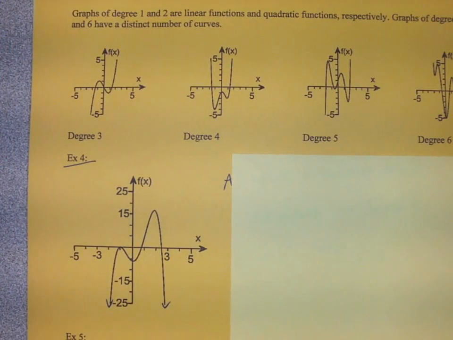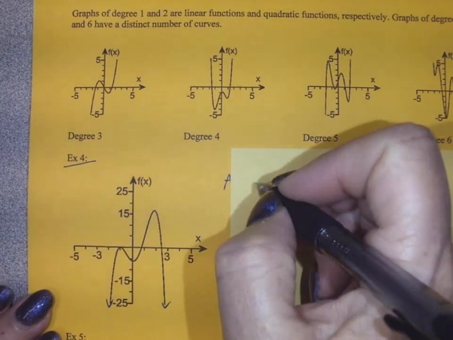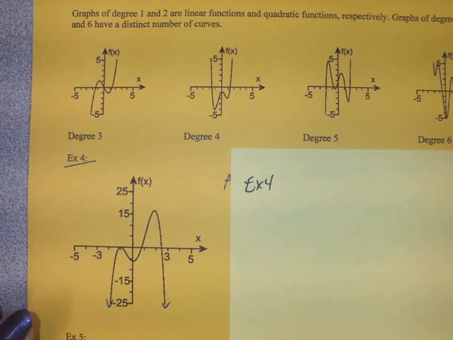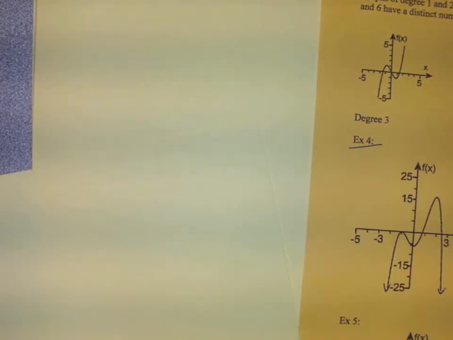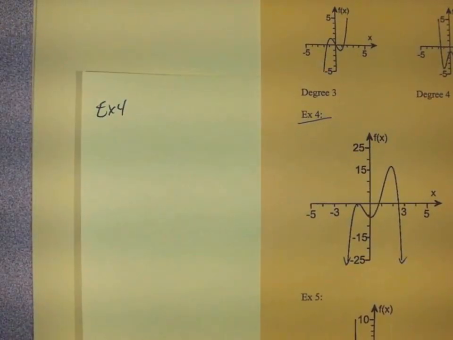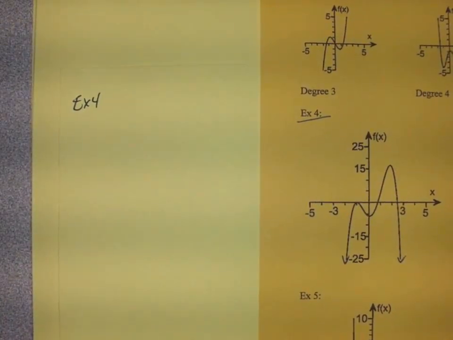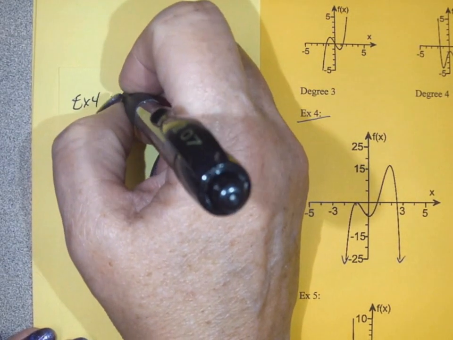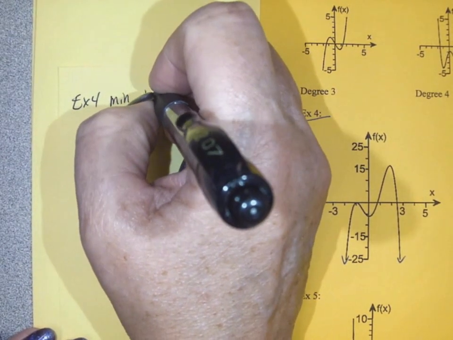All right, so first thing we're going to do, so for example 4, let me move the graph over and I will write under it this way. So what's the minimum degree? Min degree.